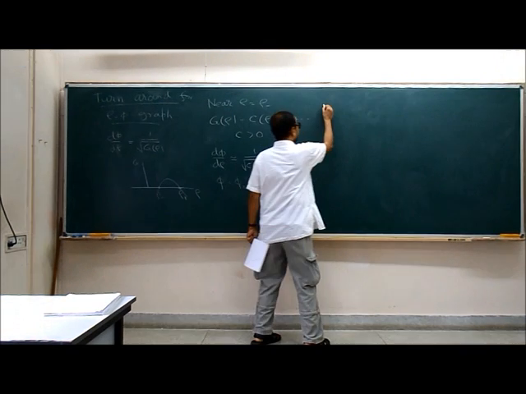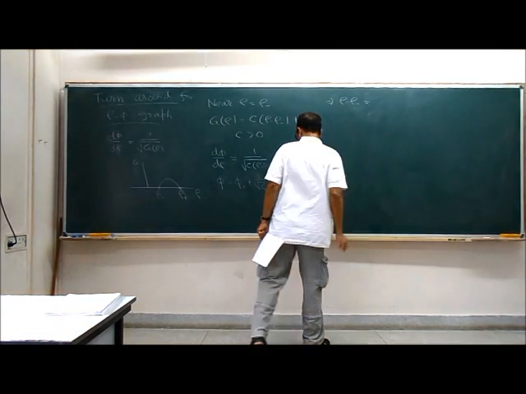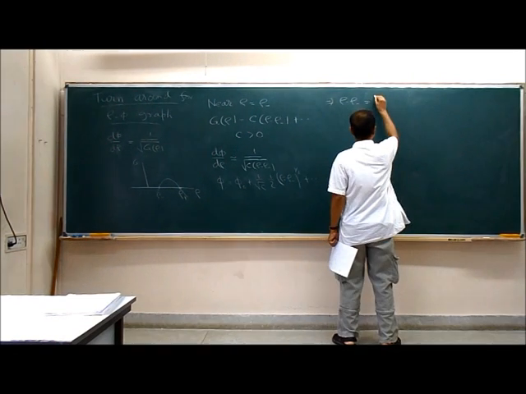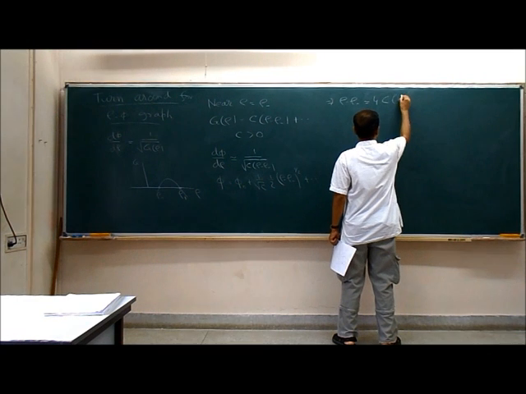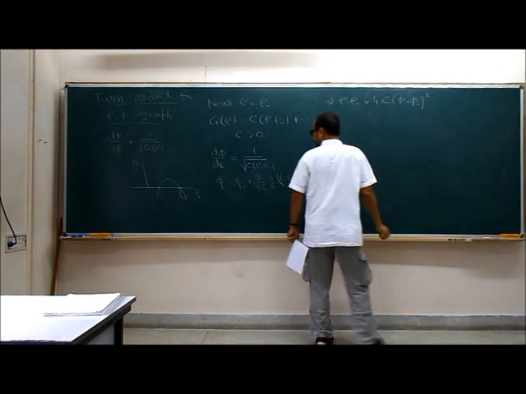So we can rewrite this, just by squaring it, as rho minus rho minus equal to c over 4 times phi minus phi naught whole square.